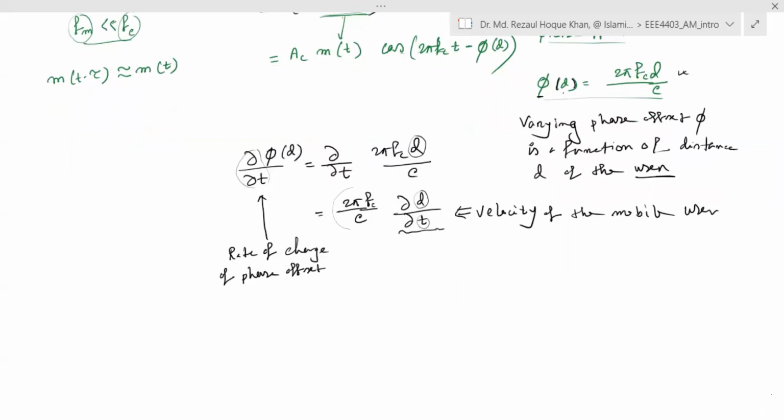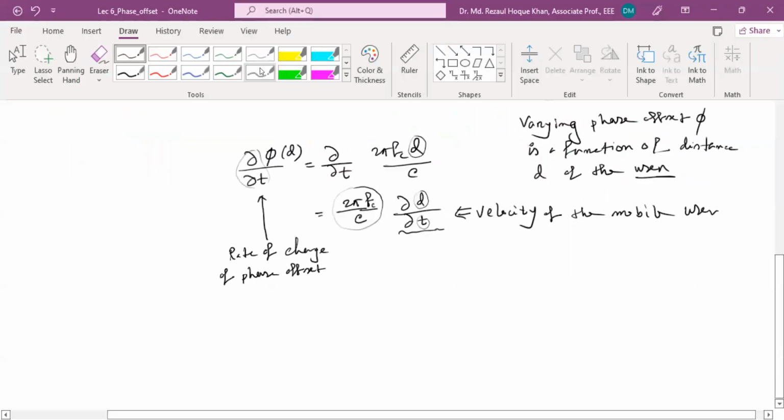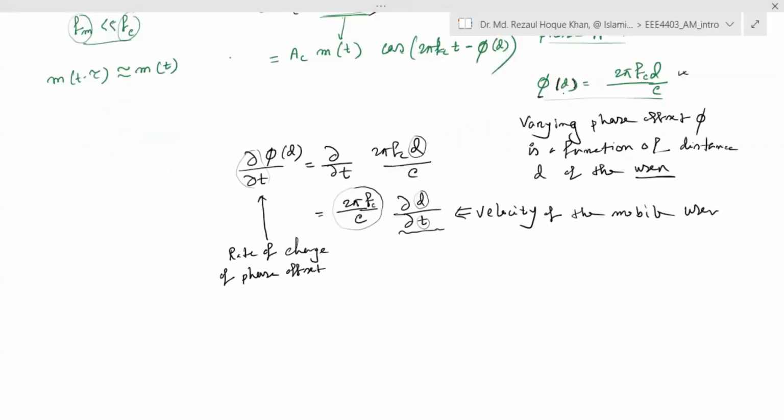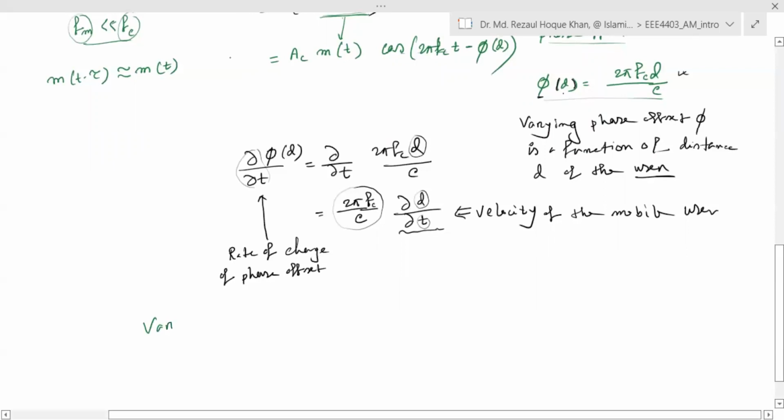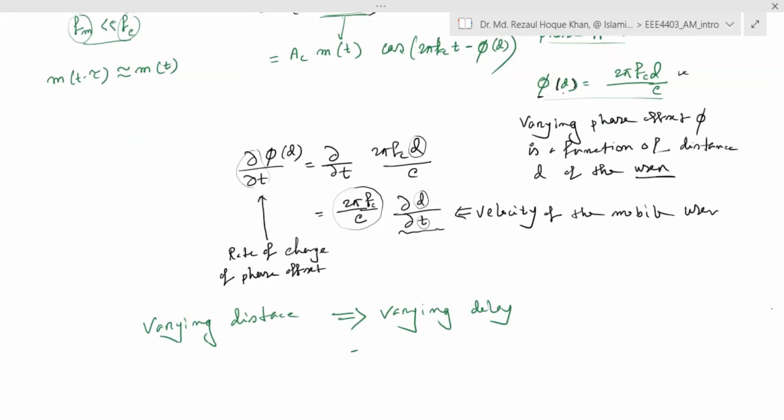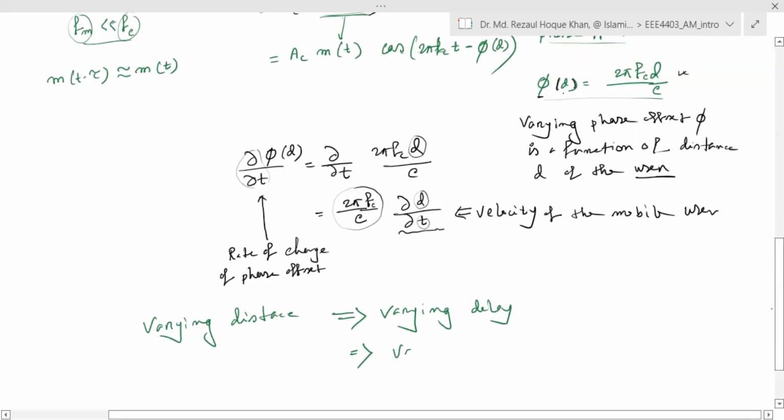This amount is a constant. So we can interpret the whole thing as follows: varying distance gives us varying delay, which ultimately gives us varying phase offset.